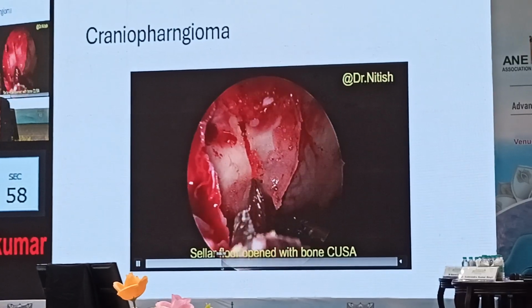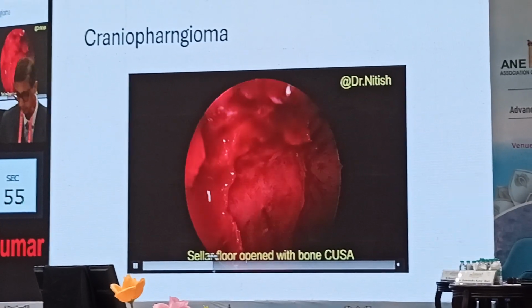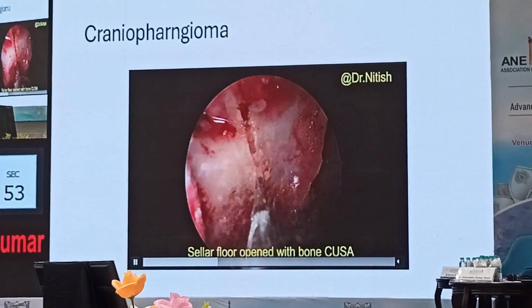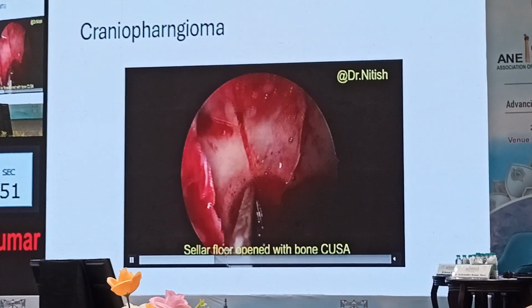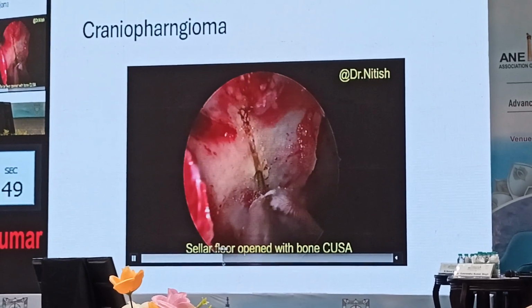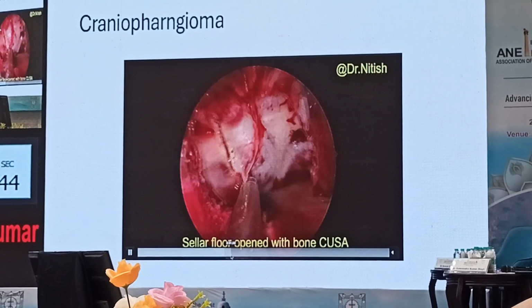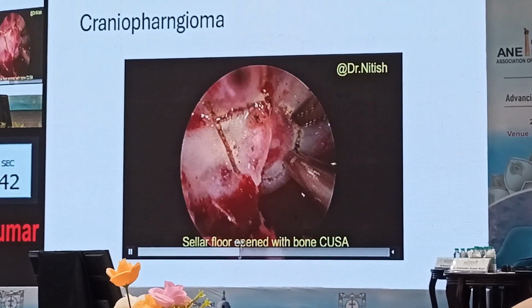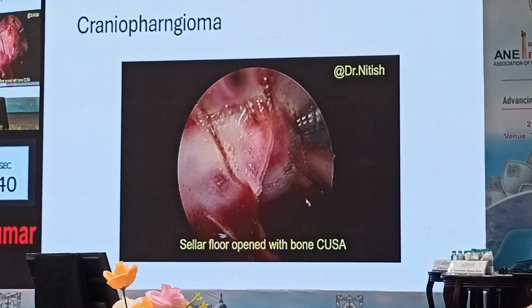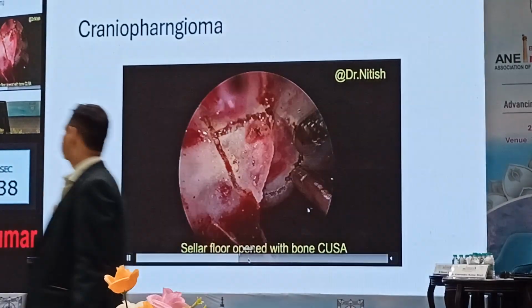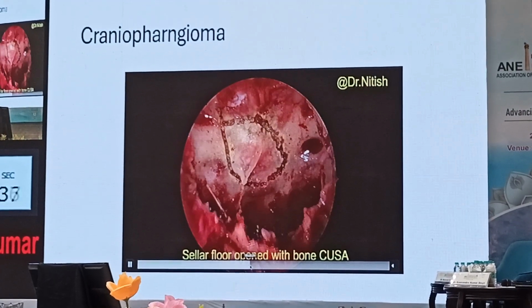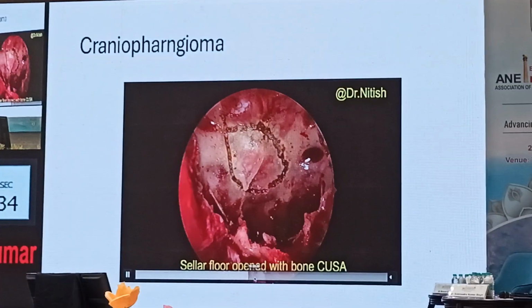In this case, I have used a bone curette to remove the sellar floor. The advantage that I got is that this bone that we have removed can be used later on for sellar floor reconstruction.